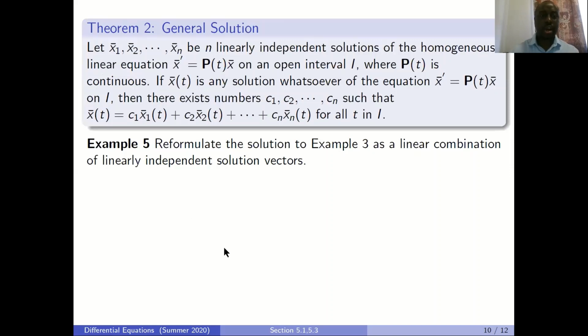If you have n equations and n unknown functions for the linear homogeneous system, then your general solution will just be a linear combination of n linearly independent solutions. And so our job is to figure out these n linearly independent solutions, and then we can write down the general solution. Just to show you that this idea of taking a linear combination of n linearly independent solutions to write down the general solution is really not a foreign idea, let's go back to example 3.